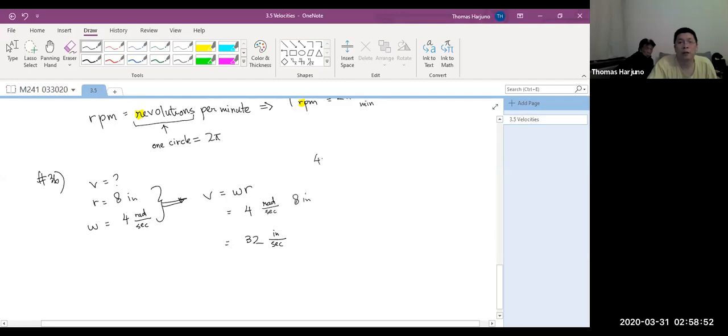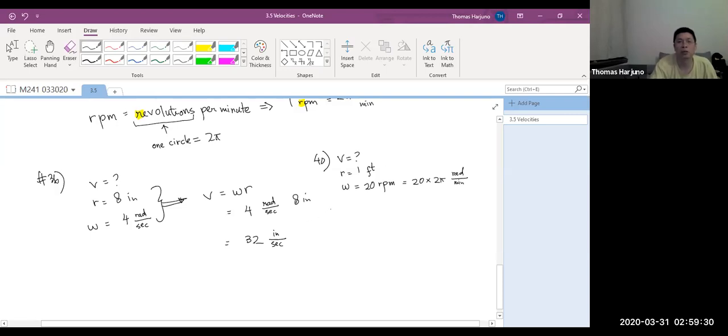Number 40. Find the linear velocity, if the radius is 1 foot and the point rotates at 20 RPM. Now 20 RPM means 20 times 2 pi radian per minute.